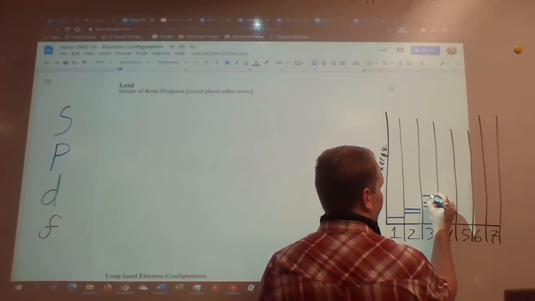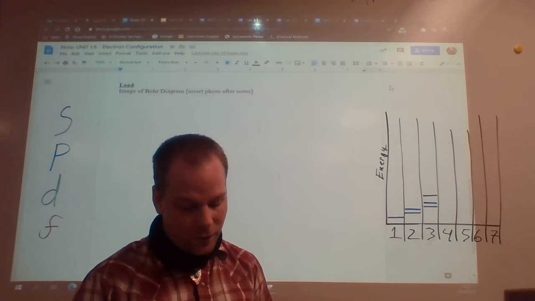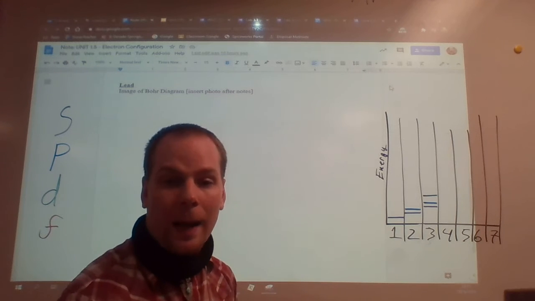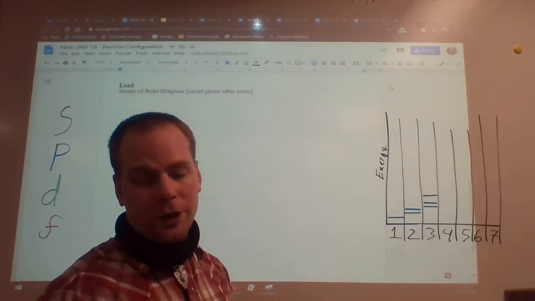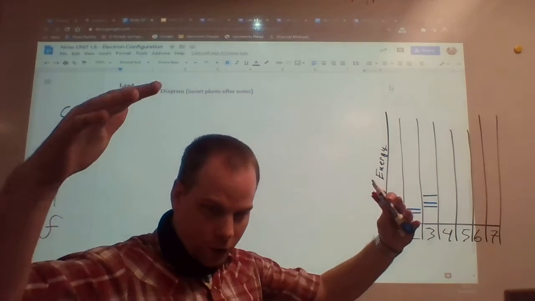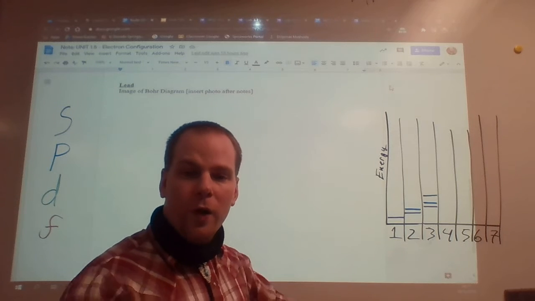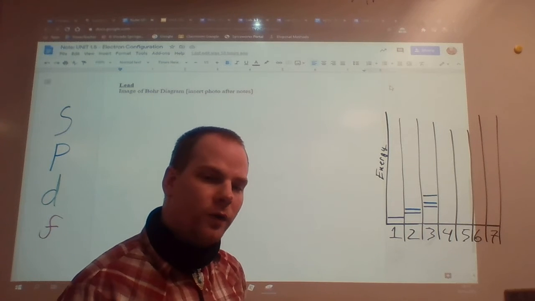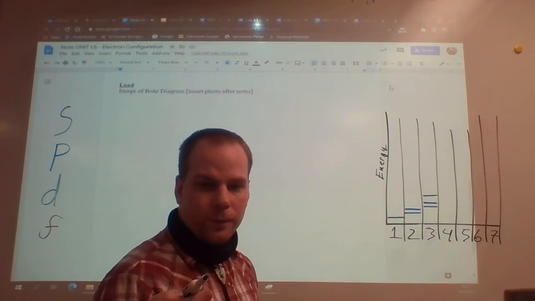But there's a problem that we run into with the D subshell, and this is the first case of this happening. As your energy levels get larger and larger and encompass more and more subshells, those subshells start to overlap. So here's the issue.